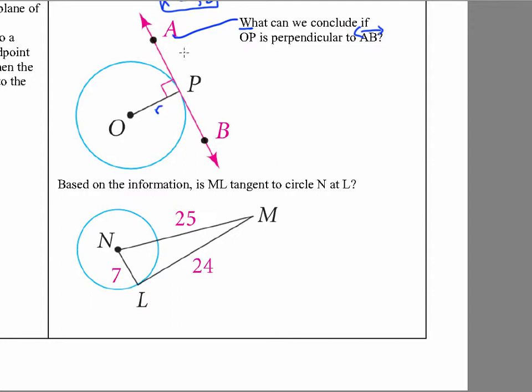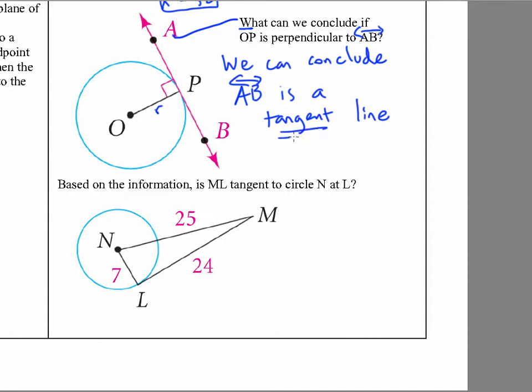If we have a radius perpendicular to this line out here, then we can conclude line AB is a tangent line. In other words, we know this is going to touch the circle only one time. If this was 91 degrees or 89 degrees, you could not say this is a tangent line. But because this is 90 degrees, perpendicular, you can say this is tangent.